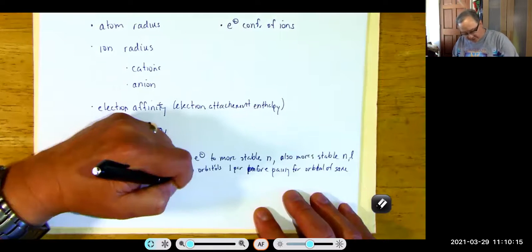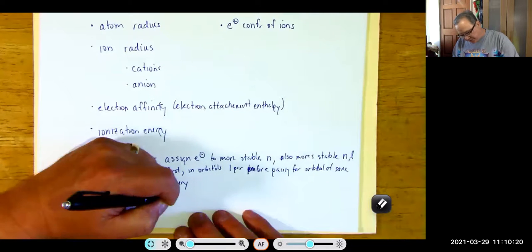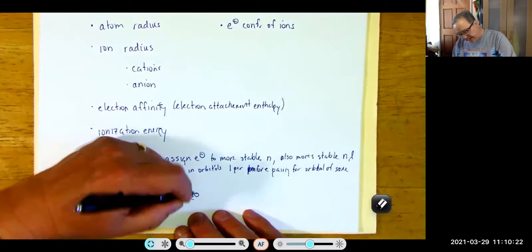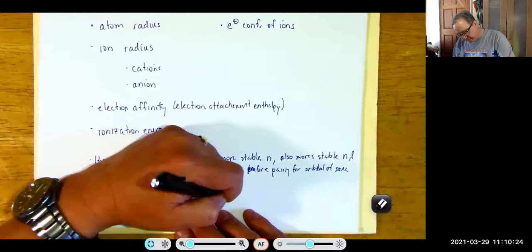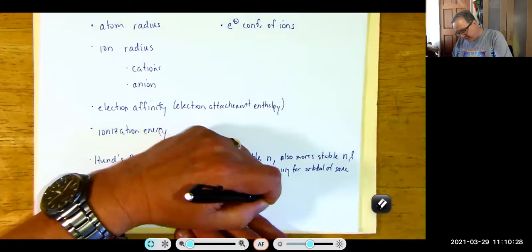That's basically Hund's rule. And the Pauli exclusion principle is that you can have no two electrons in an atom or ion with the same set of quantum numbers.